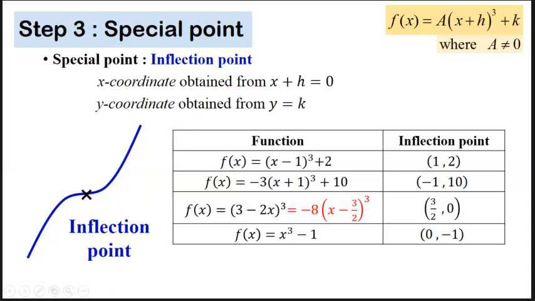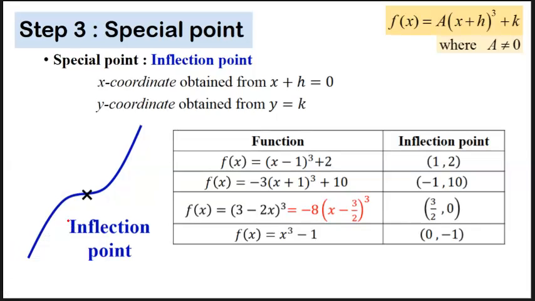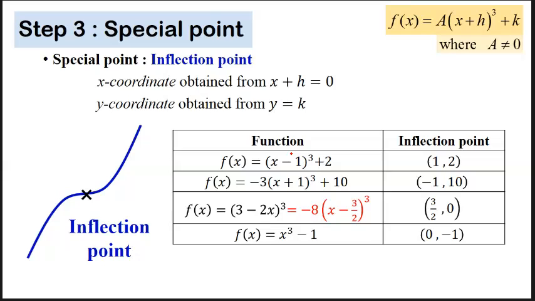Basically, to identify the inflection point, we just refer to the bracket part here. For the x coordinate, x plus h equals 0, then the k here is the y coordinate. And these are some examples of the corresponding functions with their inflection points.